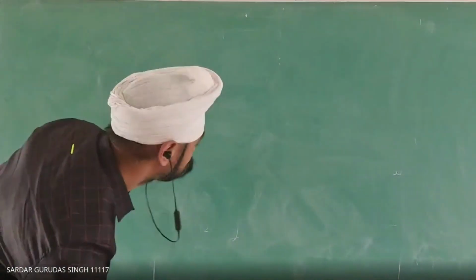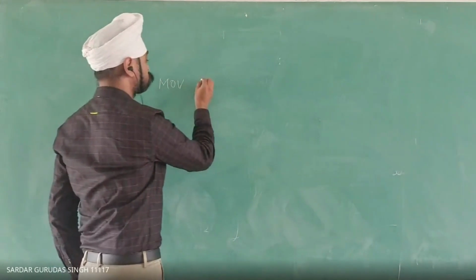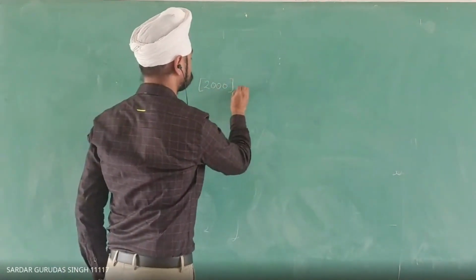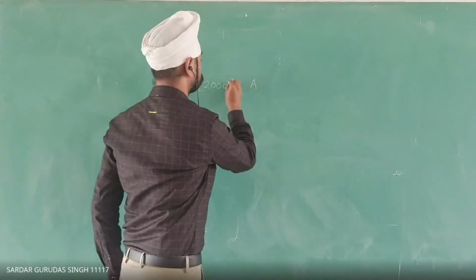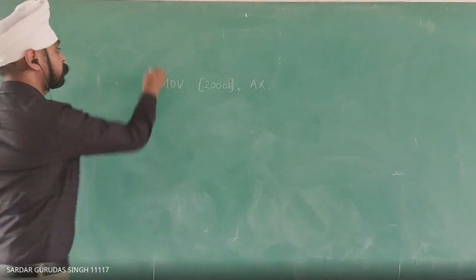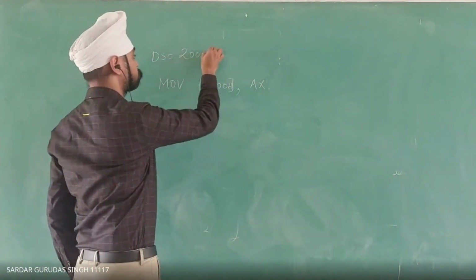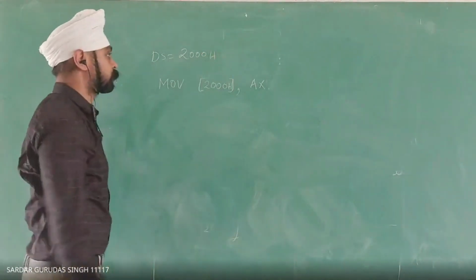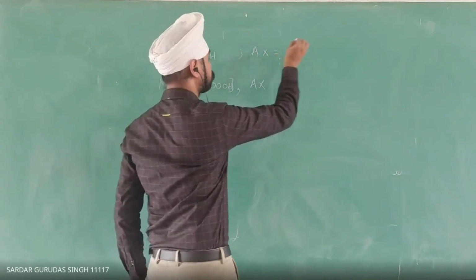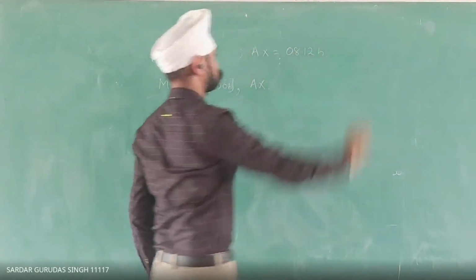Okay. Suppose if I want to write like this, move AX, and let us assume the content of DS as 2000H and the content of AX as 0812H.